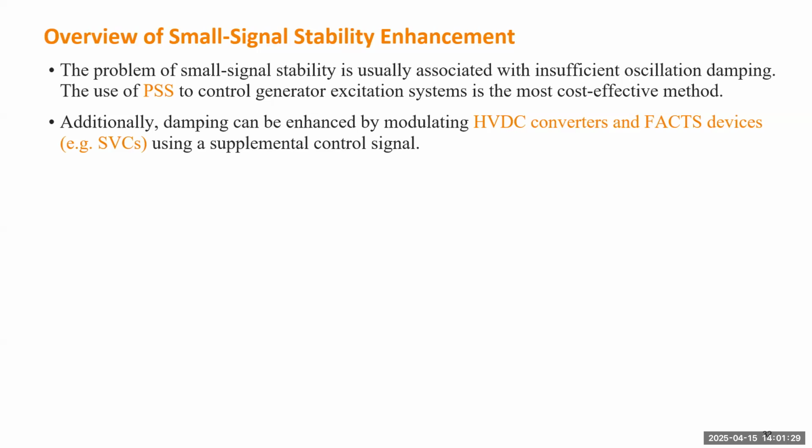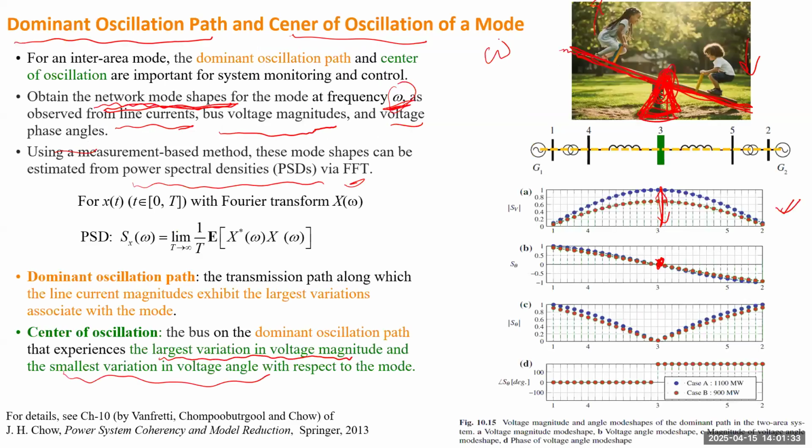So the idea is very simple. Because for this case, if there's any short circuit, that short circuit will cause oscillation, right? So you'll see the largest voltage variation at bus 3. If I have an SVC placed on bus 3, the SVC doesn't know what happened on the generator, but the SVC only believes, okay, you have some voltage event.